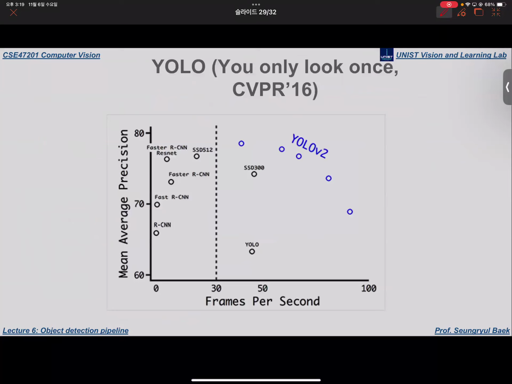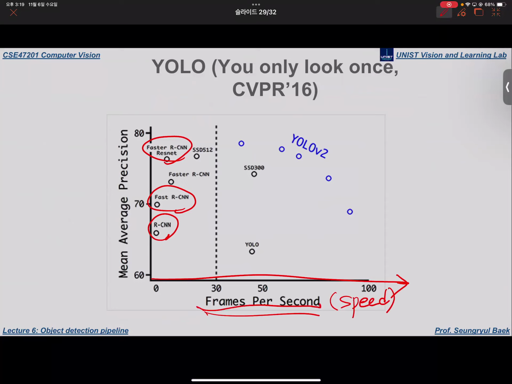And this is a comparison of YOLO to previous algorithms. We already learned about RCNN, fast RCNN, and also the faster RCNN algorithms. The x-axis denotes frames per second, which is the speed, so how many frames they process each second.